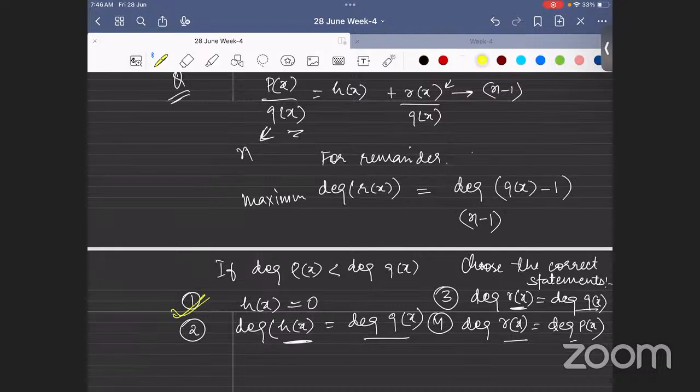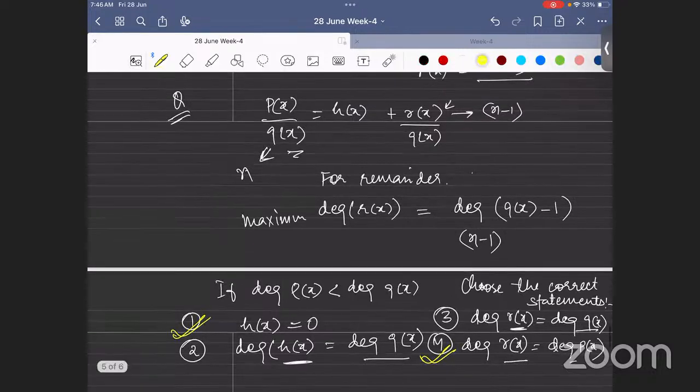So how many of you are able to understand this? If you are dividing by a divisor, the one with whom you are dividing, that has a higher degree, then what can be the possibility? This is what has been asked here. Your divisor has a higher degree than the dividend.